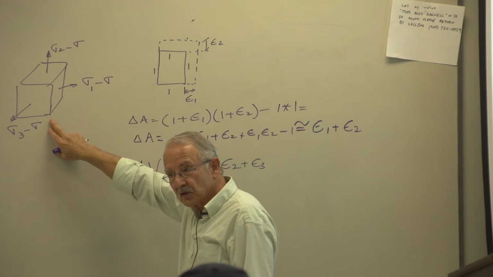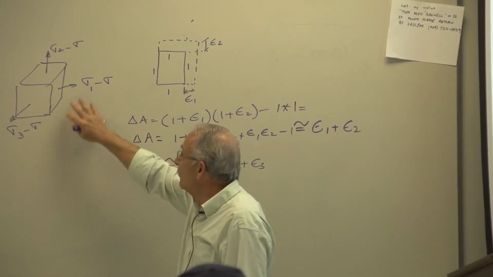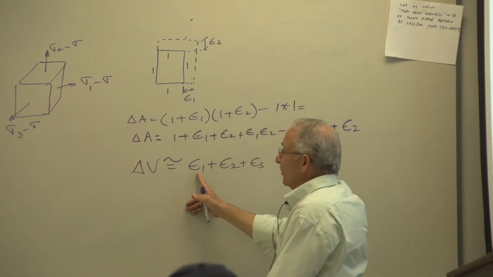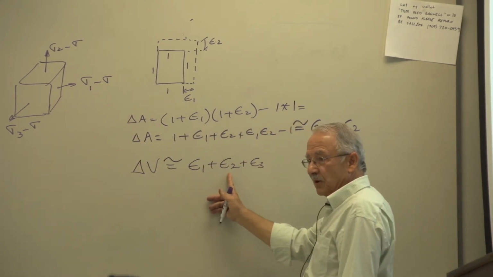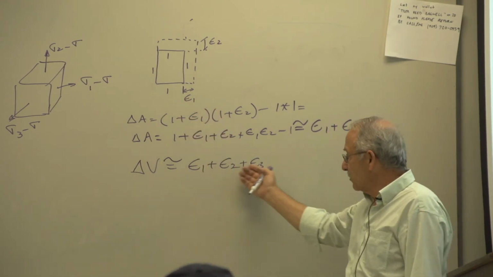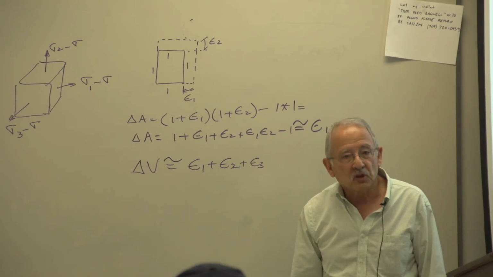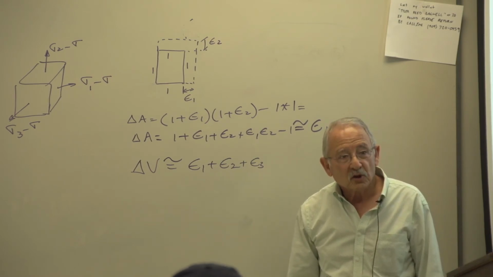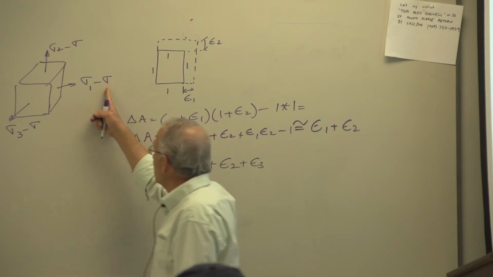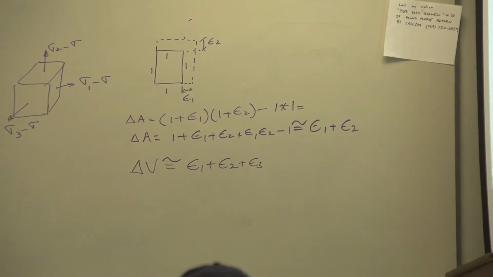This is my state of stress, my sigmas. For each of these, I find epsilon 1, epsilon 2, and epsilon 3 for that state of stress, and add them up, and I say that change of volume must be equal to 0. Once I do that, then I can solve for sigma in terms of sigma 1, sigma 2, and sigma 3. Does everybody follow that?